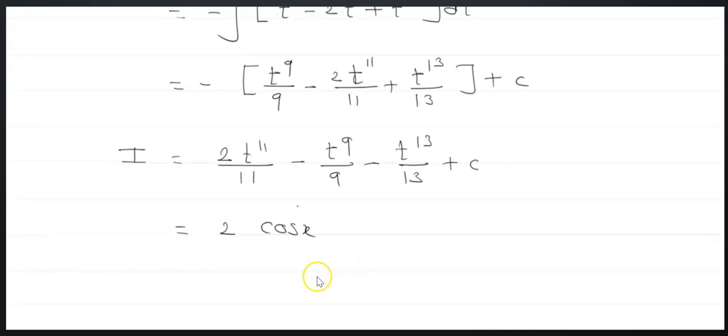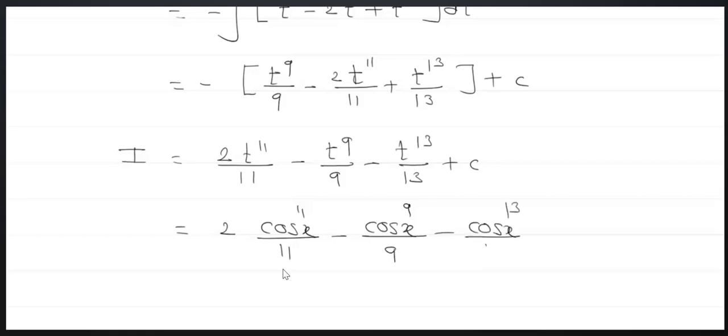That is 2 cos of x raised to 11 upon 11 minus cos of x raised to 9 upon 9 minus cos of x raised to 13 upon 13 plus c, and we get the answer.